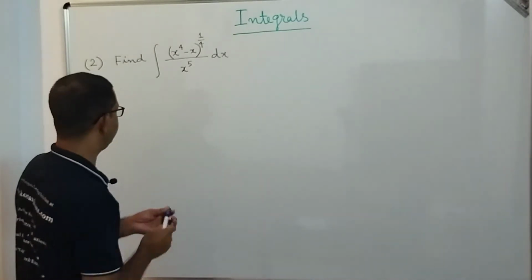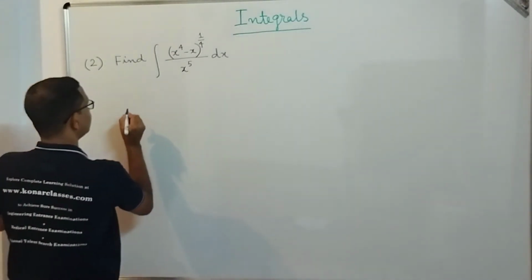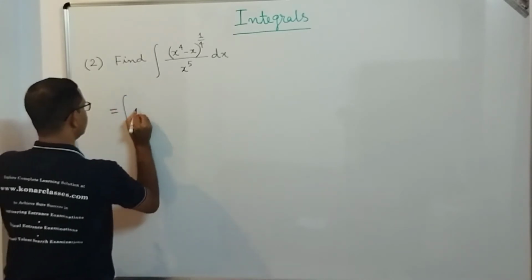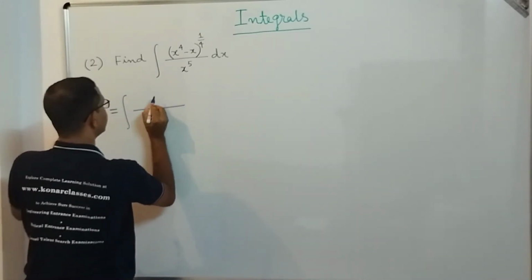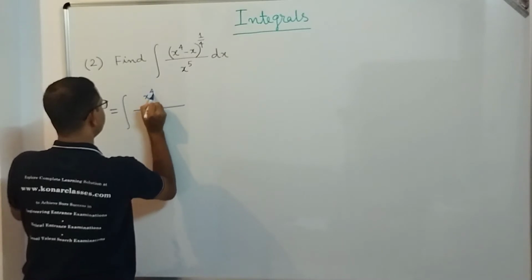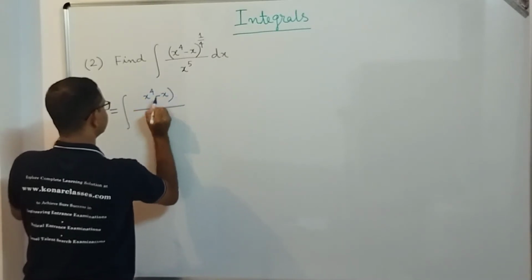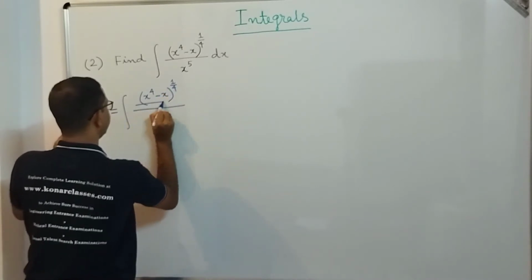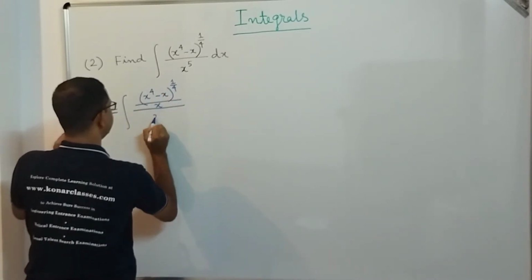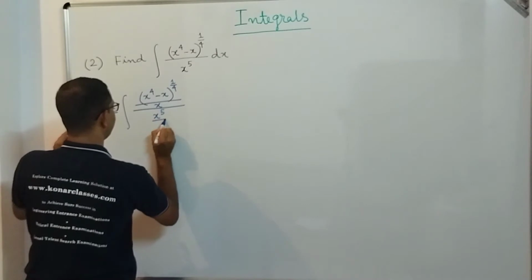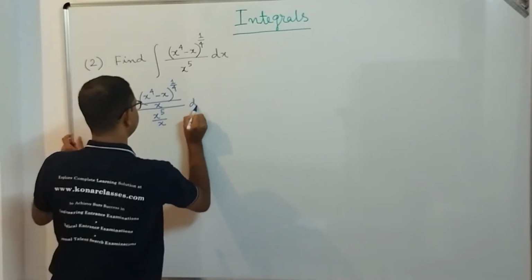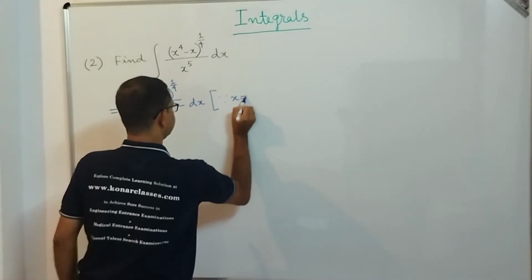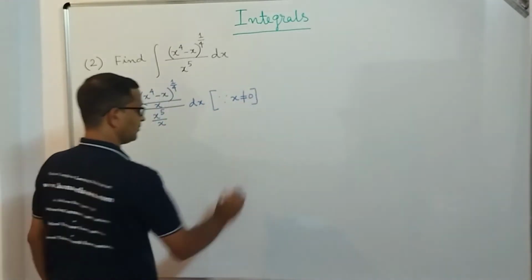So what I wanted to mean is that we can write this integration as x to the power 4 minus x, power 1 by 4, divided by x, over x to the power 5 by x dx, since x is not equal to 0.